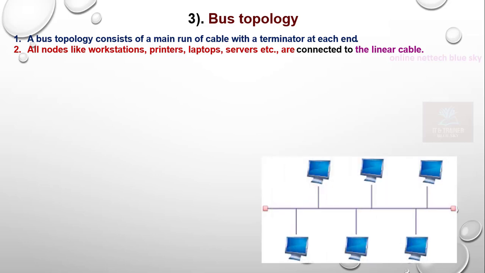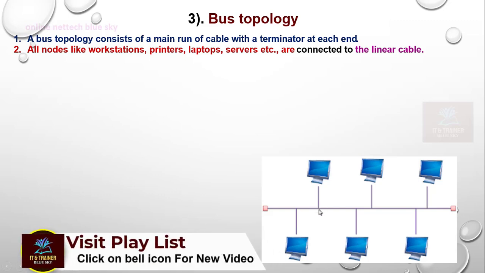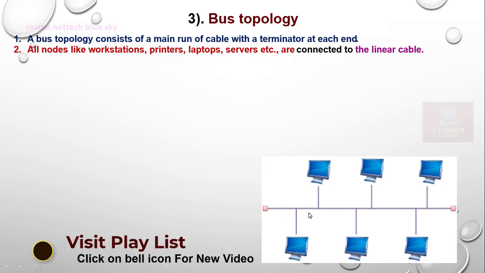So just see in this picture, that is the bus topology technology. You can see here, this is the main cable, and all cables connect only on this main cable.